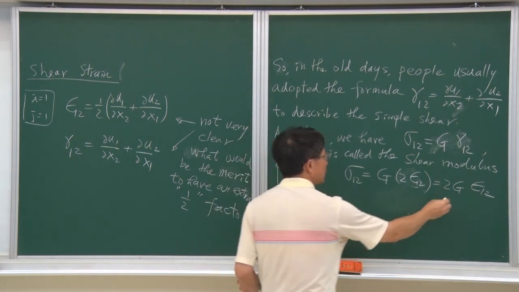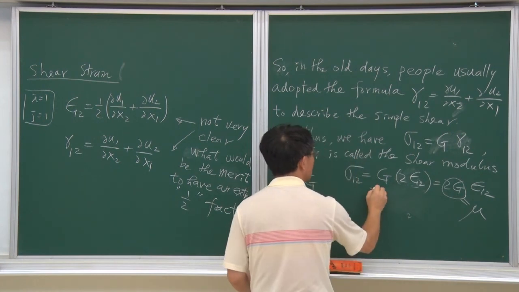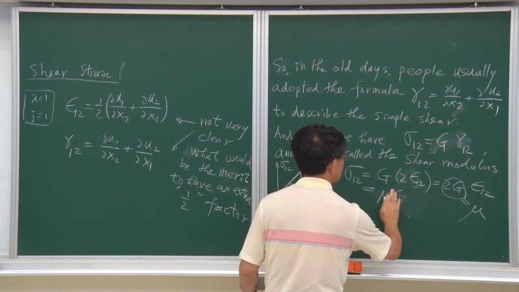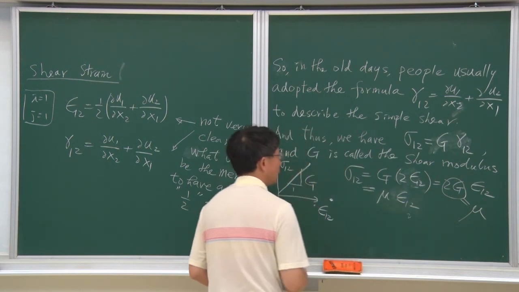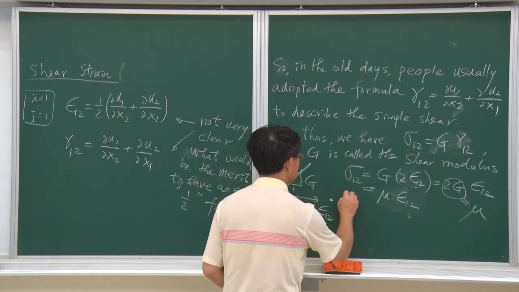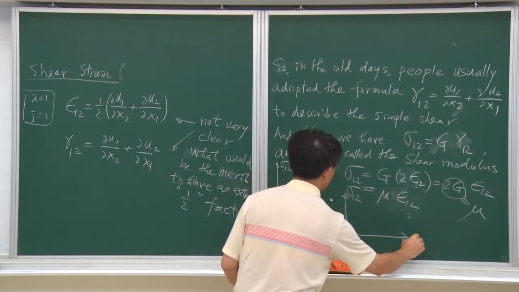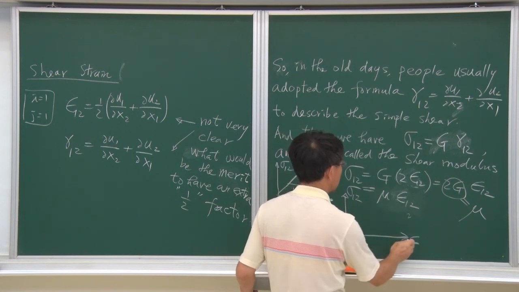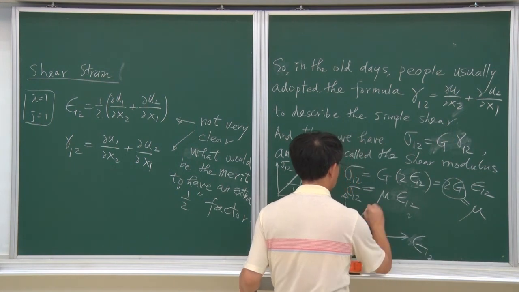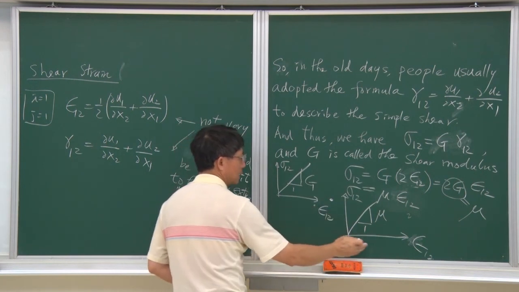And people usually feel that it is not very convenient, so especially some scientists, they would like to introduce another constant, mu. So we have, let me fix this one.